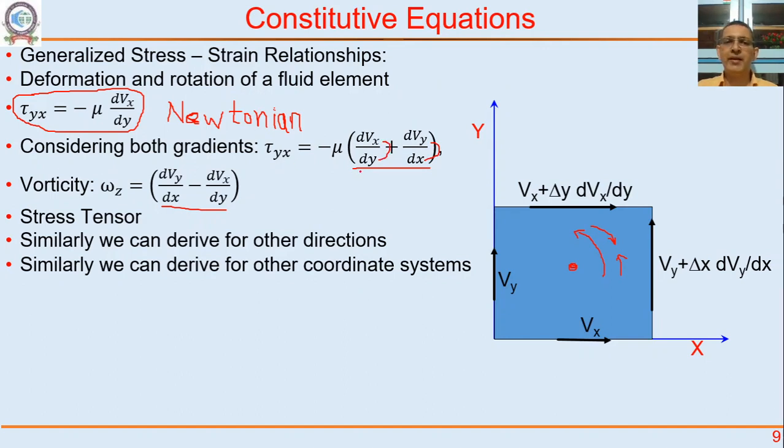So there is a net deformation and then there is a net rotation. Now if you think about all such directions, we can define all such values of stress. Let me show that in the next slide.